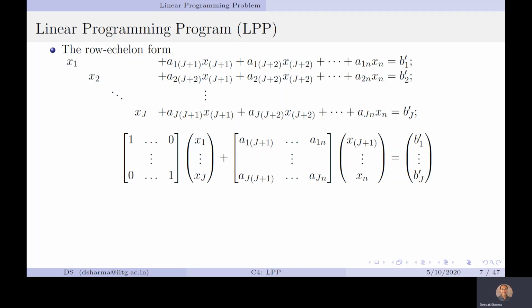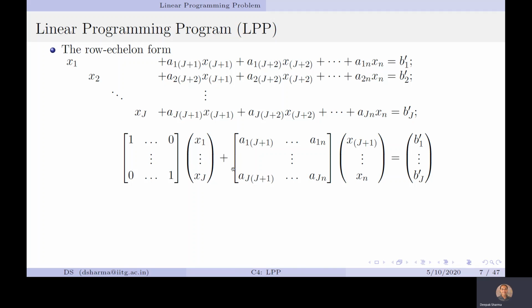Now let us rewrite this row echelon form into vector and matrix form. As you can see, the coefficients of x1, x2 and xj make an identity matrix. So we are starting with an identity matrix here, and this matrix is multiplied by a vector from x1 to xj.